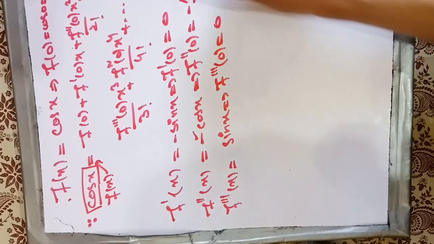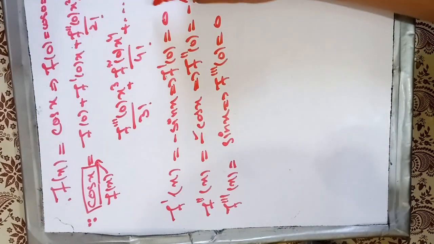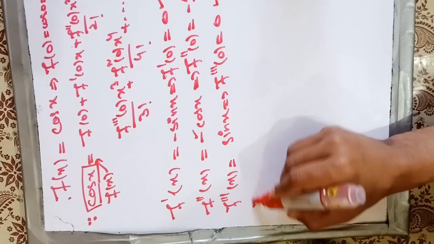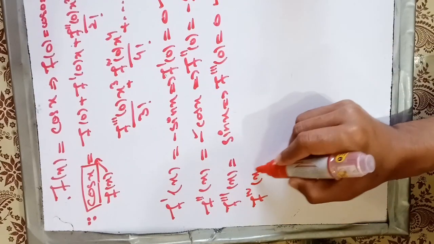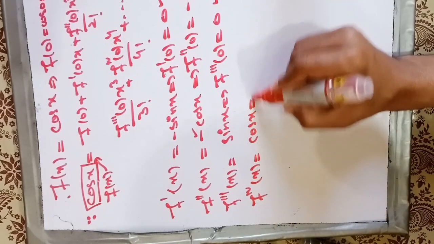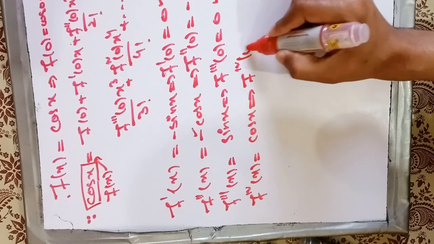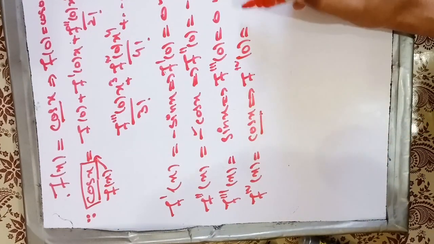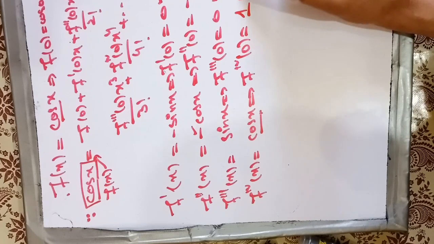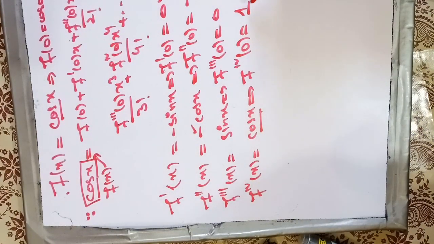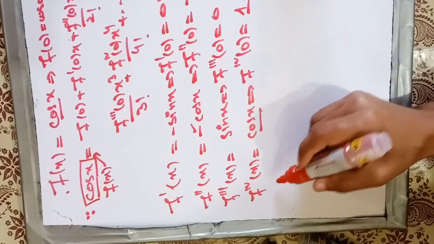So the first answer will be 1, the second will be 0, the third will be minus 1, the fourth 0, and again we check the fourth derivative. The derivative of sin x is cos x. This implies the fourth derivative at 0 will be cos 0, and we get the answer 1. So that is the pattern: 1, 0, minus 1, 0, 1, again 0, minus 1.